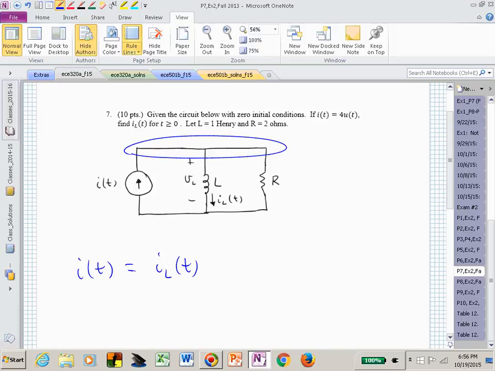So you probably want to find this differential equation in terms of I sub L and its derivatives. And how many derivatives are you expecting? Just one, since it's first order. Are you starting to feel comfortable with this or with that way of thinking about the problem? Then I have plus V sub R, which is the same as V sub L, over R.